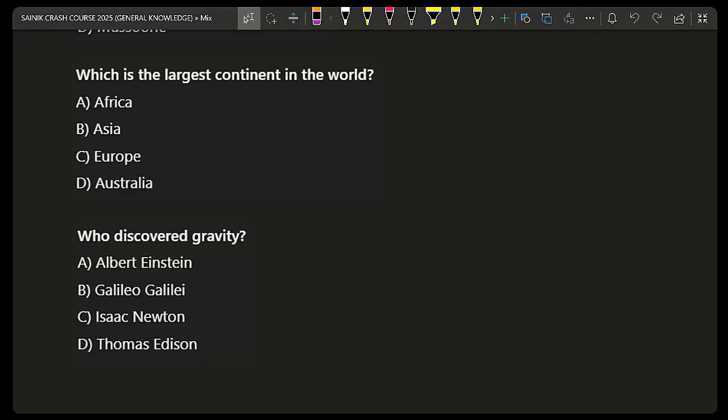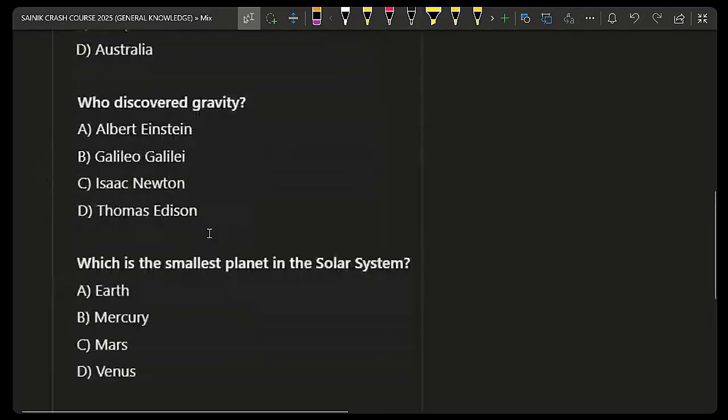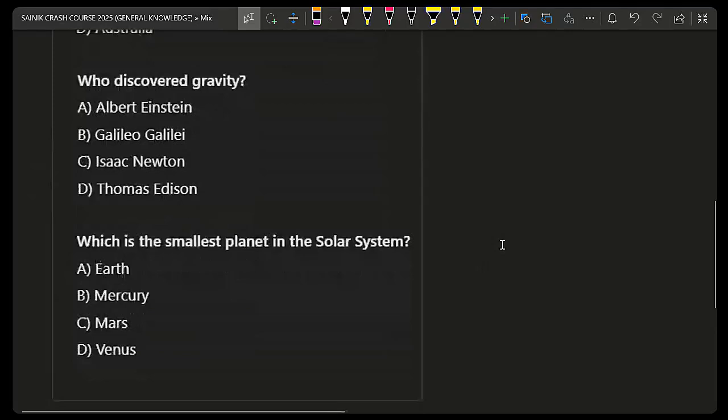Yes, let us see this one. So all of you check this question. Which is the smallest planet in the solar system?